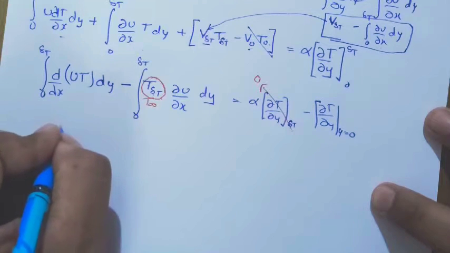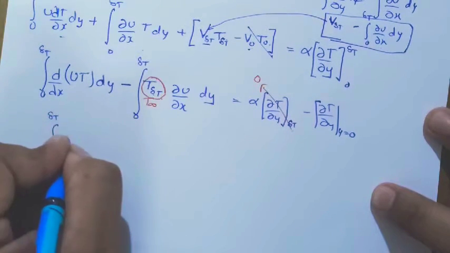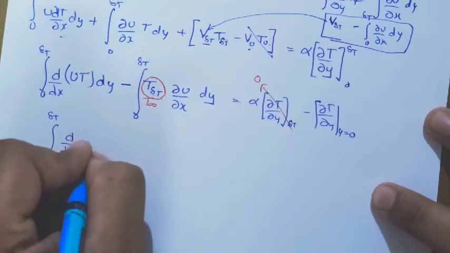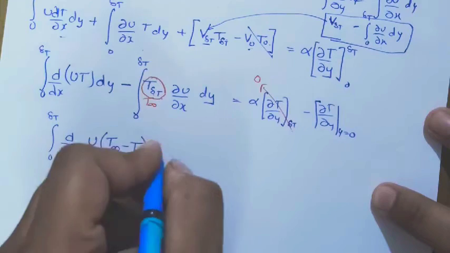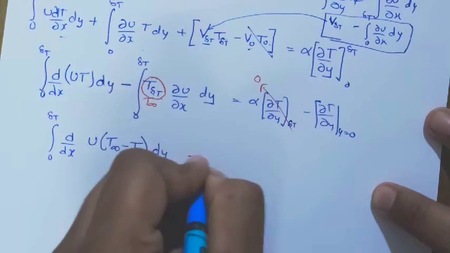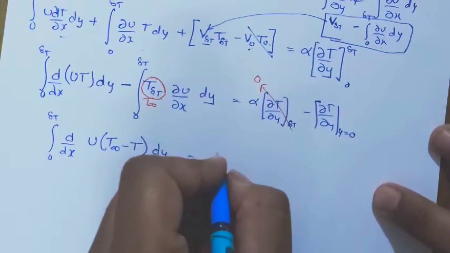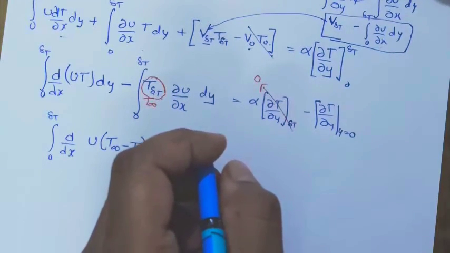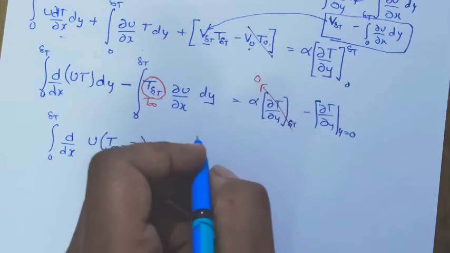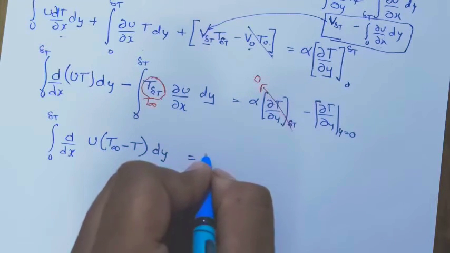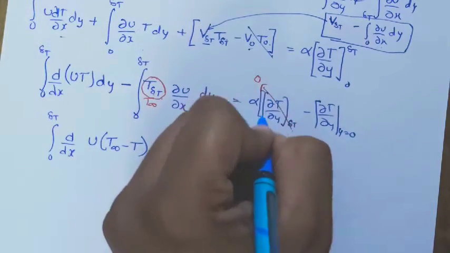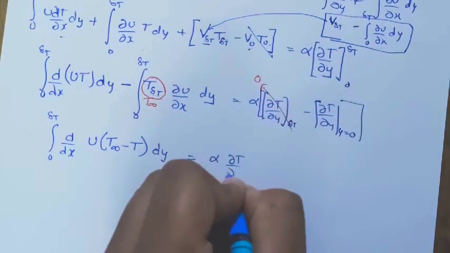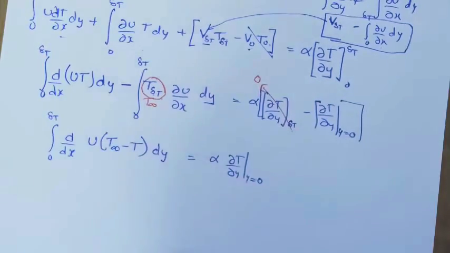Now here, we can write this as the integral of u into T infinity minus T by dy is equal to alpha dT by dy at y equal to 0, right?